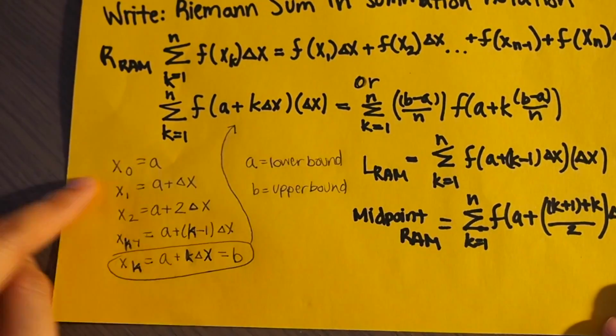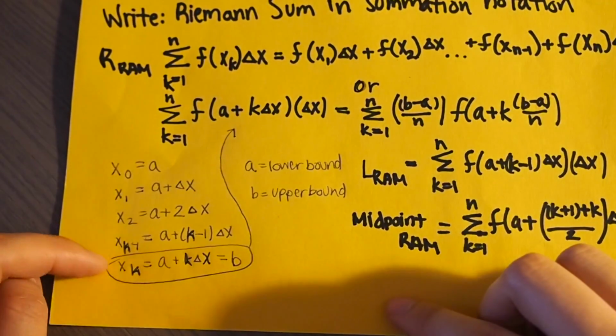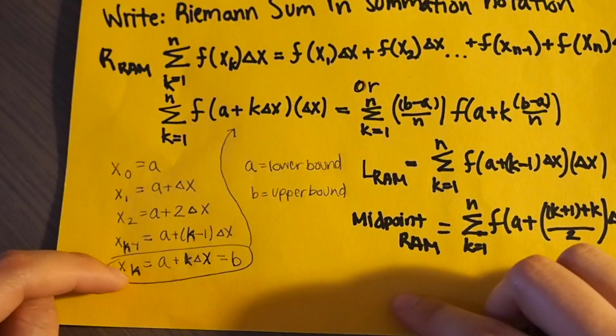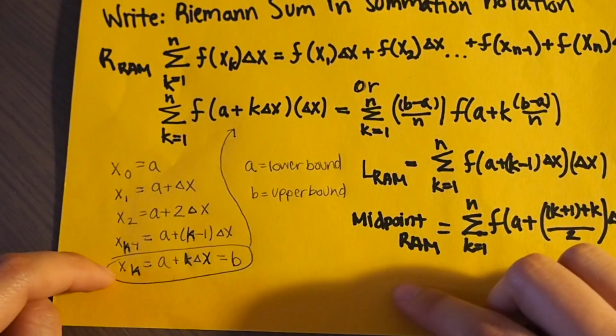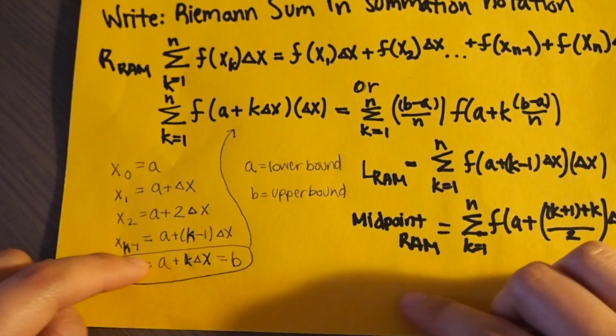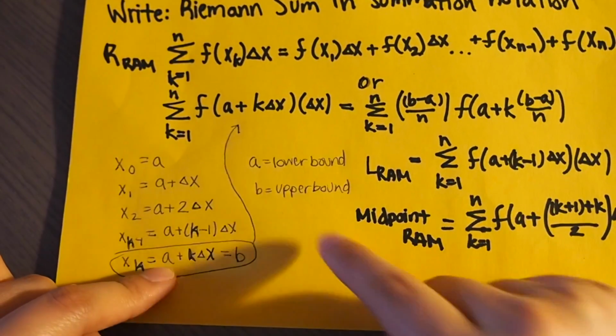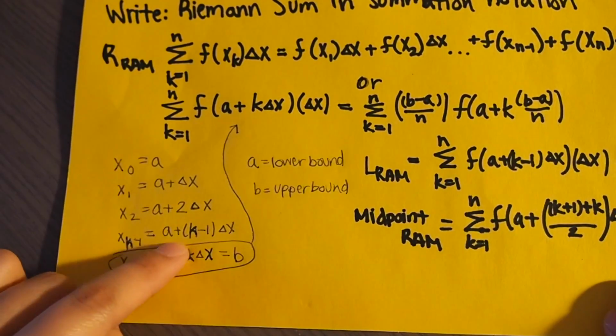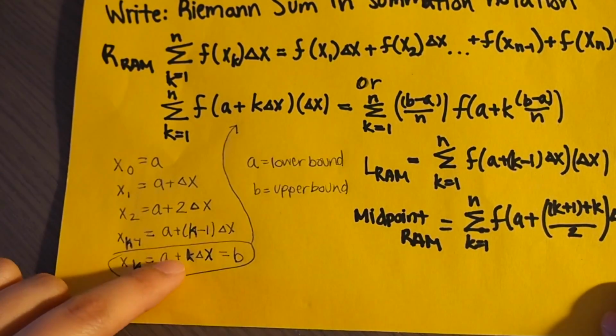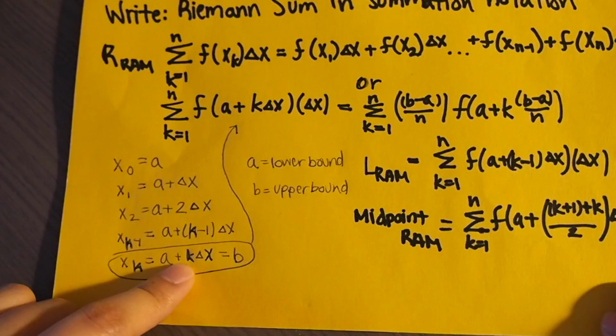So you just keep on adding that, and you'll find that whatever n value, or whatever number of rectangles you want, the x would just equal a, our initial or lower bound, plus that change in x times k.